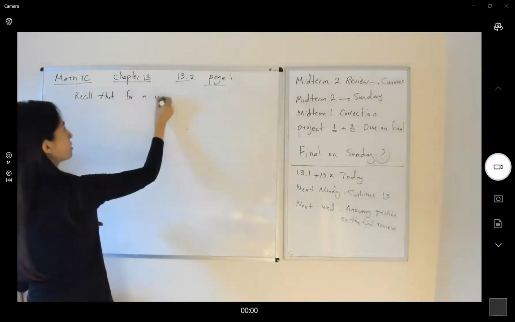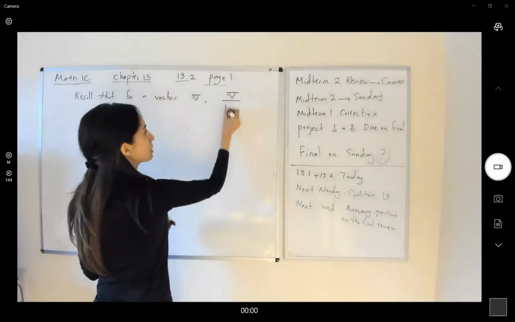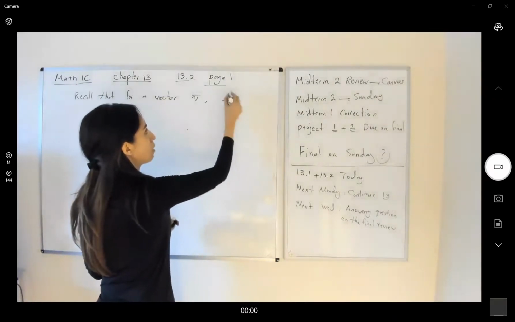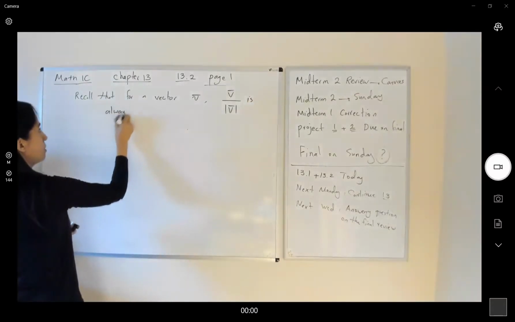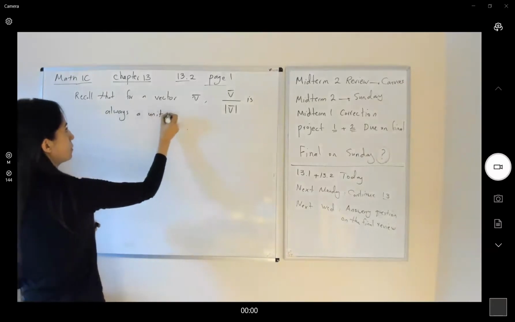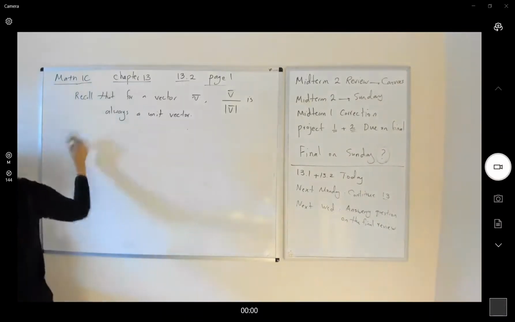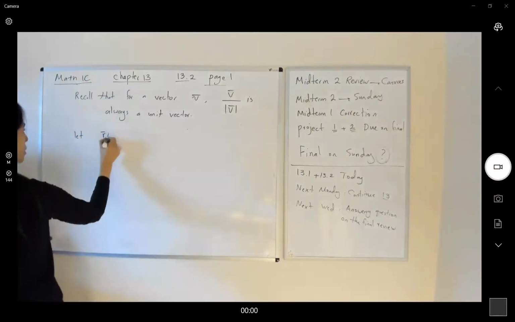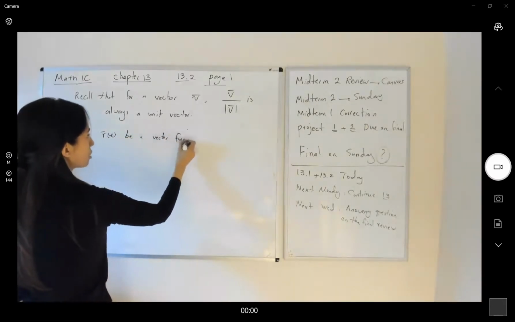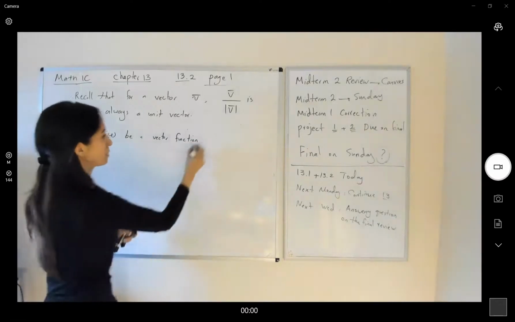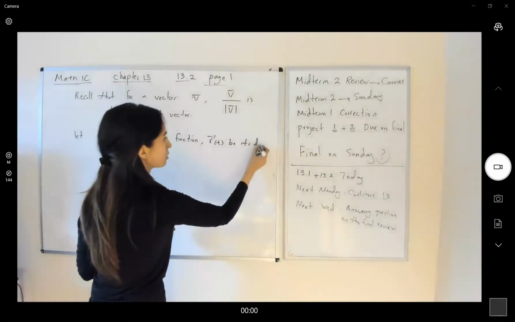For a vector v, v divided by the magnitude of v is always a unit vector. We're going to do the same thing here. Let r(t) be a vector function, so it is obviously a vector, and r'(t) be its derivative.